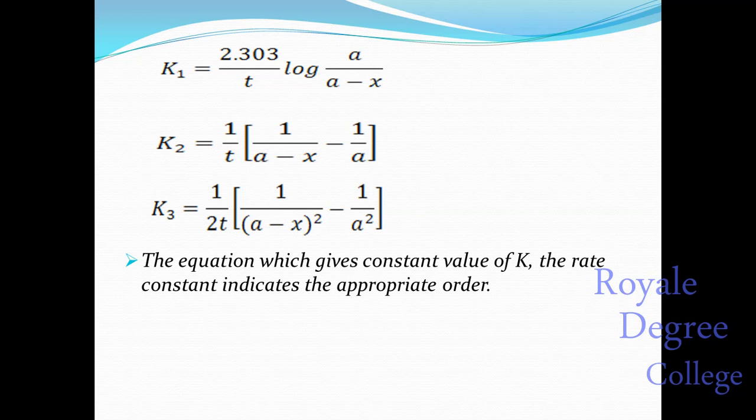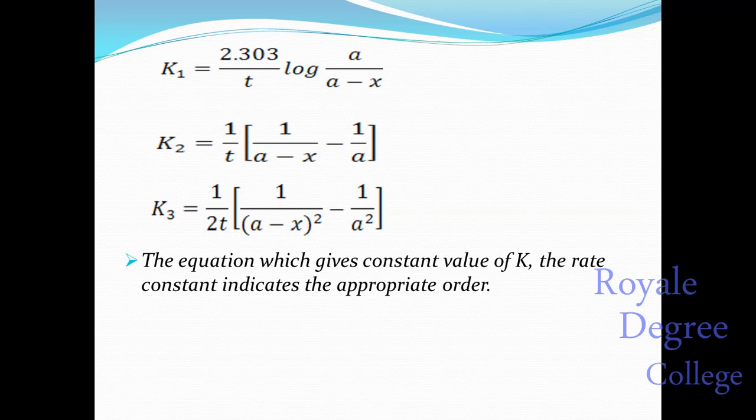You can see here K1 is the rate constant for the first order reaction. The expression is K1 equal to 2.303 by t log a by a minus x. Rate constant for the second order reaction, the equation will be: K2 equal to 1 by t into 1 by a minus x minus 1 by a.